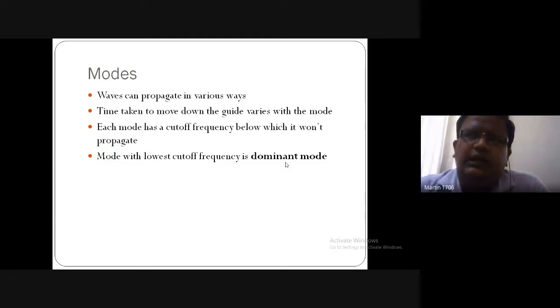So under analysis, you will set up some frequency range, between a starting frequency and a stopping frequency, and you will mention the step size of that frequency. In that, the lowermost value is called the lower cutoff frequency. From the lower cutoff frequency only, we can know whether the signal comes from your device or not. That point is nothing but the dominant mode.